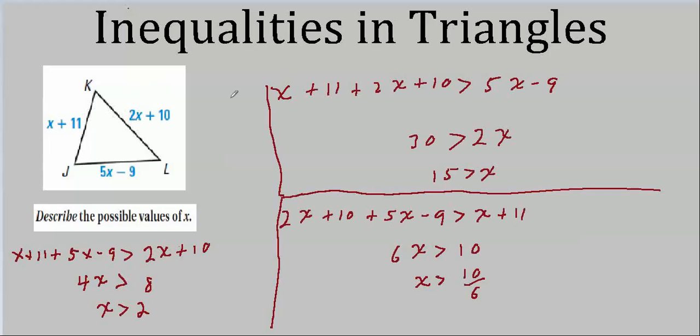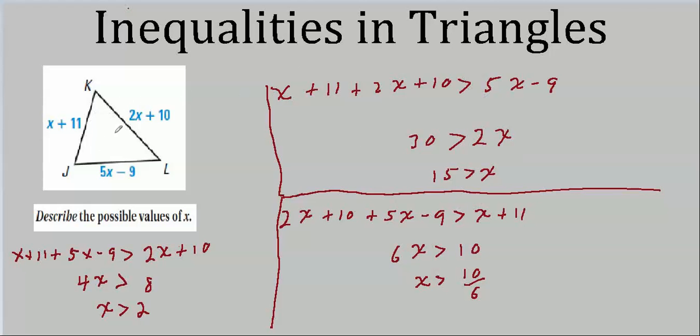I went ahead and wrote these out because you'd probably fall asleep watching me write all this. And all I did was write the three inequalities which we know must hold. That is that the length of this side plus the length of this side is greater than the length of this side.